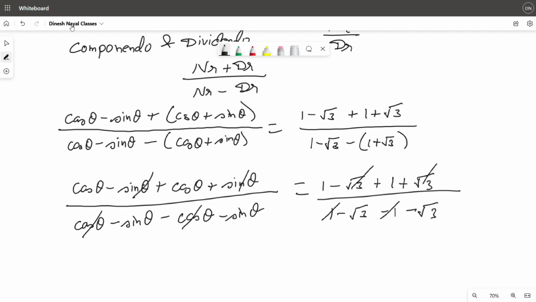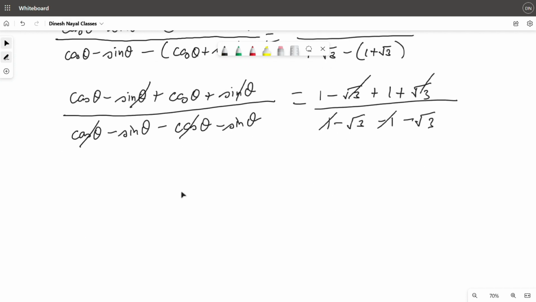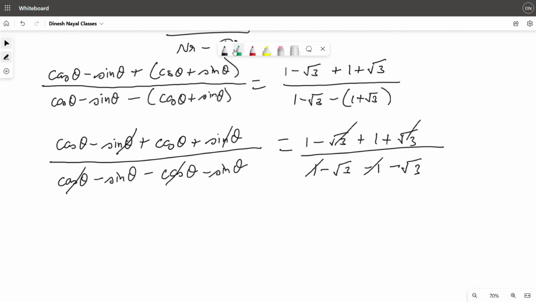Next step, cos theta plus cos theta is 2 cos theta, and minus sin theta minus sin theta will be minus 2 sin theta.